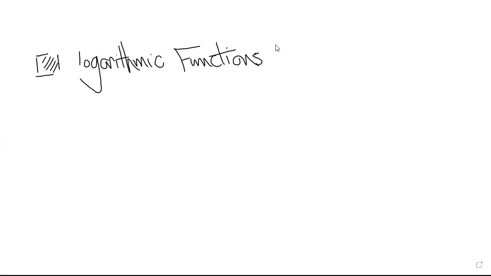Now, very quickly, I'm just gonna review what we did so far. Then we go into logarithmic equations, which is the new topic for today. If you remember, we said that the exponential function is defined with a base a raised to a power f of x.